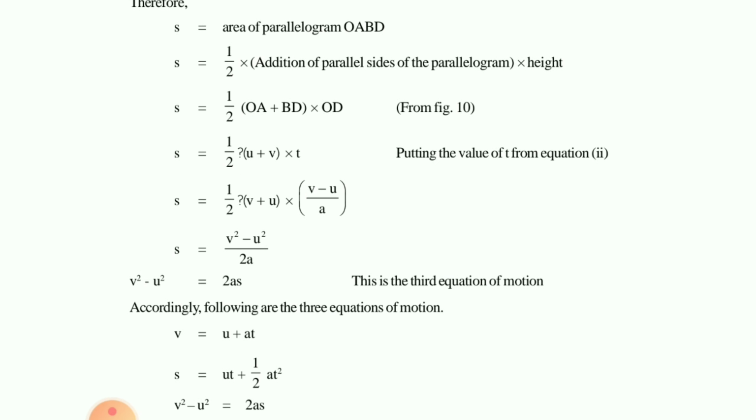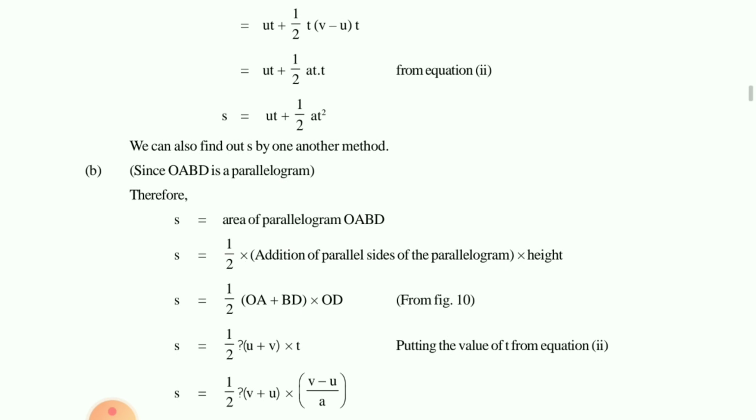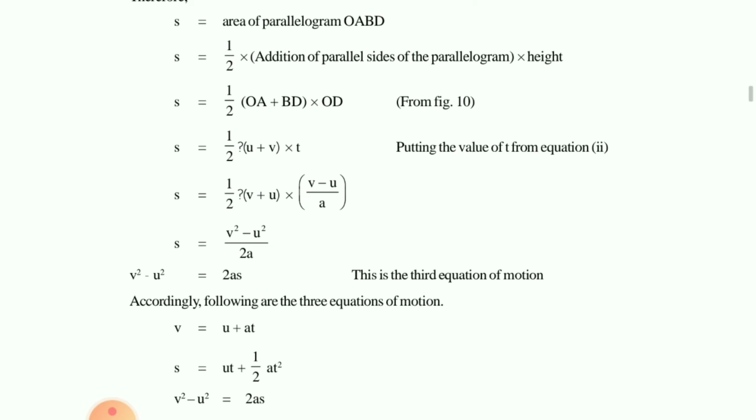Here how it is written, you can see half. In place of OA you will write U because we don't know the value. AD we will write the V at time t. Okay. Then putting the value of t from equation 2. What value did we get from equation 2? From there we put the value.